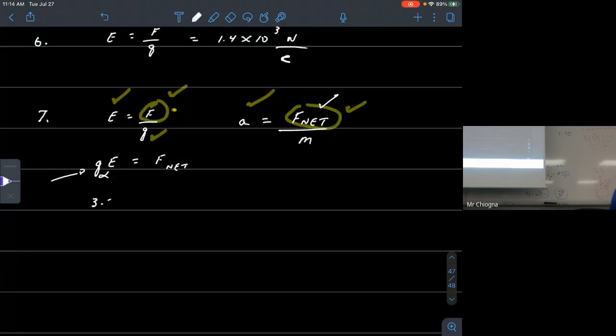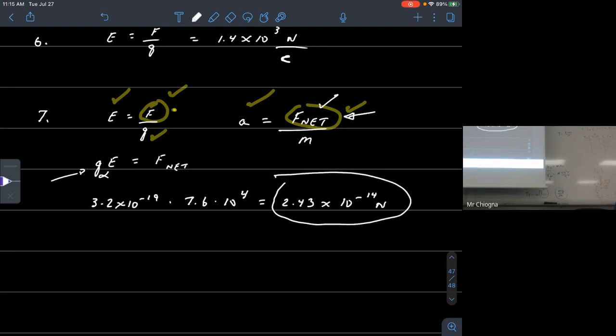So it's 3.2 times the electric field, which is given, 7.6. That looks like a 4, right? Okay, and that works out to be 2.4. I'll carry an extra digit. Newtons, that's your force.